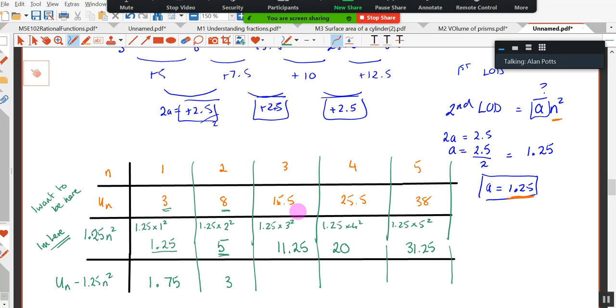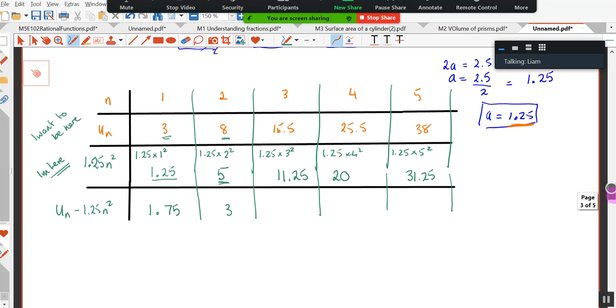I want to get to 15.5. You need to add 4.25. 20, I'm here, I want to be there. That's an easy one, 5.5. This one, I'm here, I want to be there. I've got to add on 6.75.